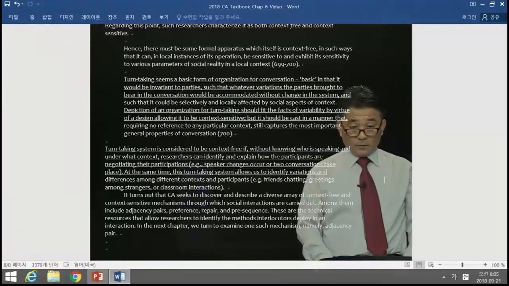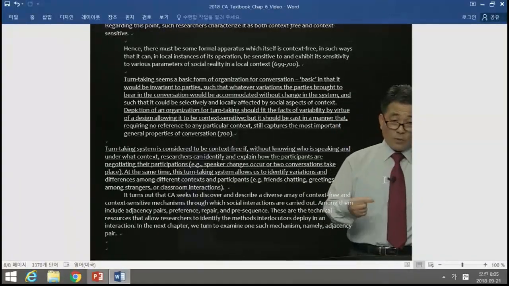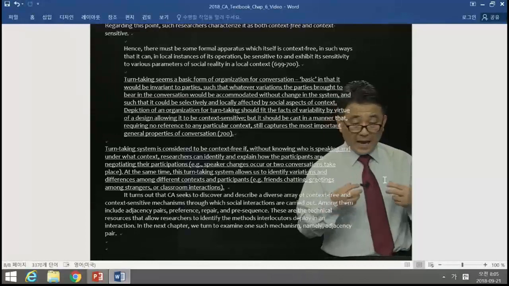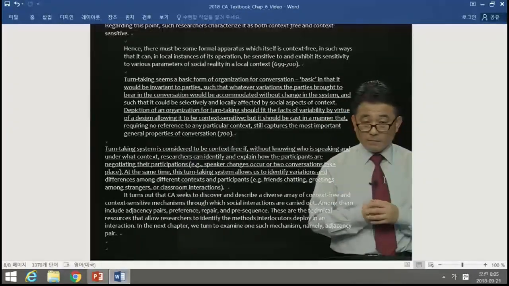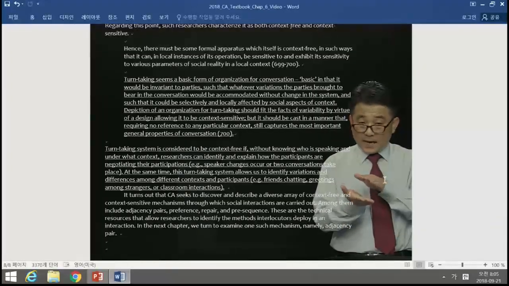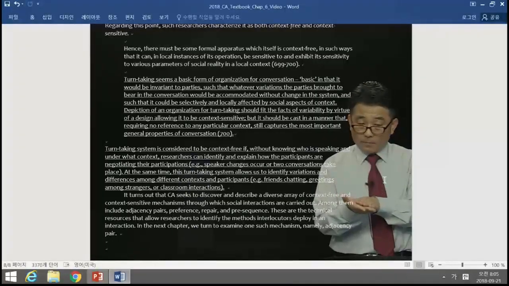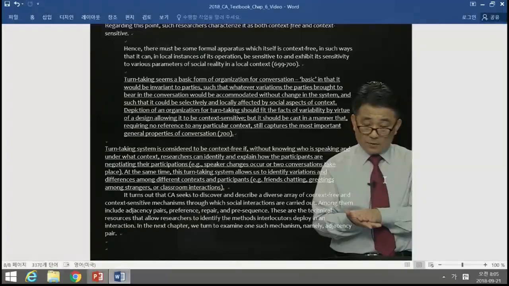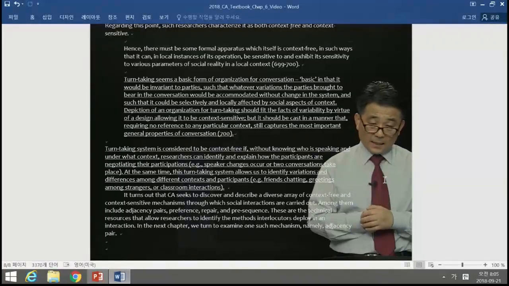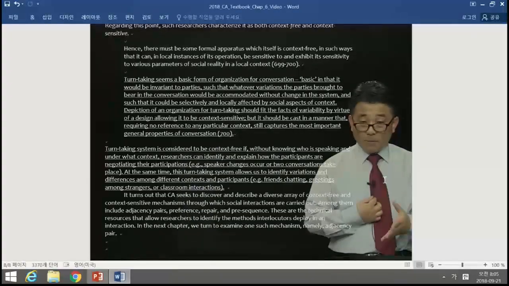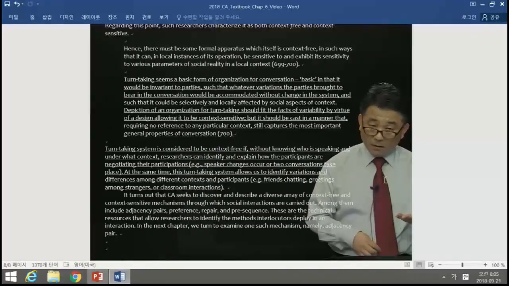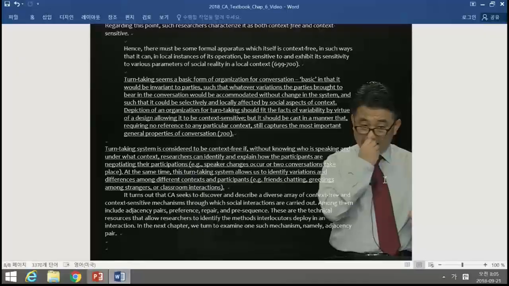Okay? So the turn-taking system is one of the very first mechanisms Harvey Sacks, Schegloff, and Jefferson found, in their 1974 paper that was published in Language, which is the most cited paper in discourse analysis. And then later on, they published another mechanism called repair in 1977.